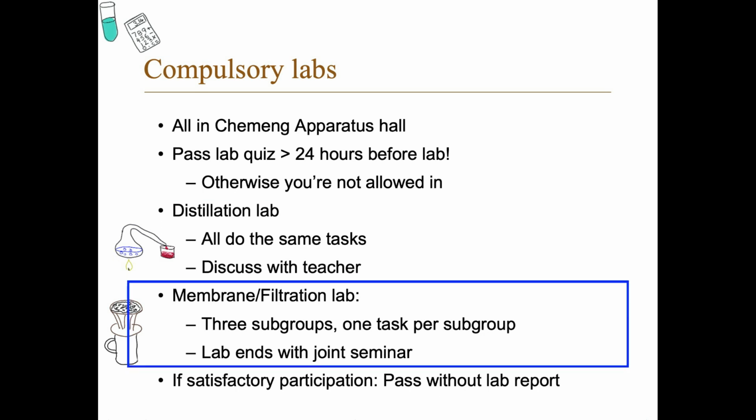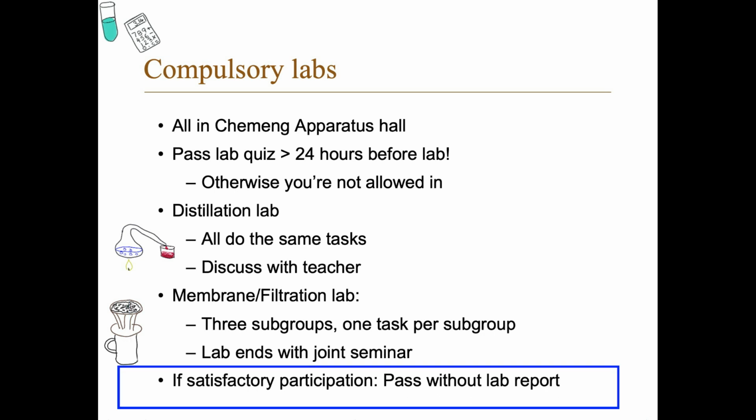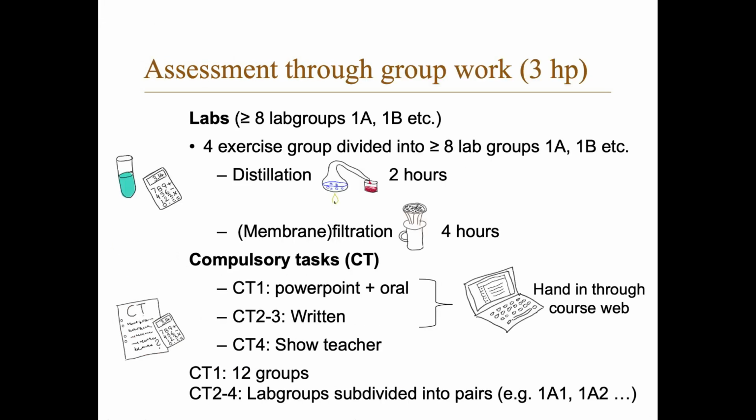During the membrane filtration lab, you will be divided into 3 larger groups and you will carry out 1 of 3 tasks. The lab ends with a joint seminar where you present to and discuss with the other groups. If your participation during the lab is satisfactory, you don't need to write any lab report. There will be a lot of different groups and some group assessment during this course.